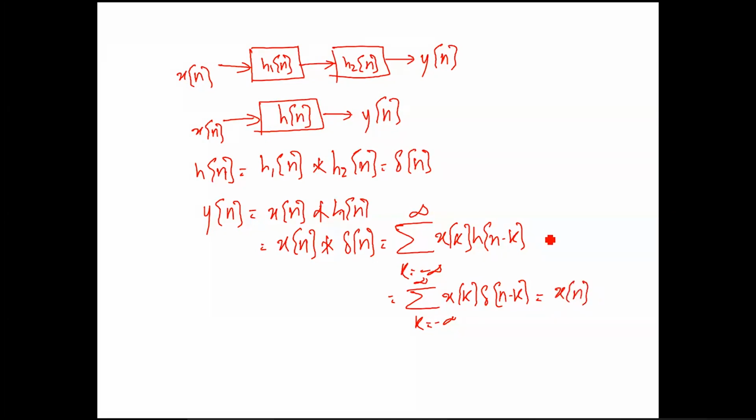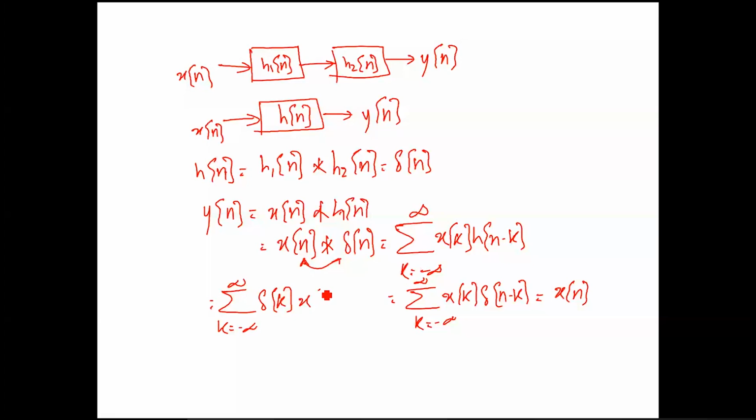Or we can do it in another order. If we just flip the order of these two, because at times that helps, that actually means the sum of delta(k) x(n minus k). So both of them will end up giving you x(n).